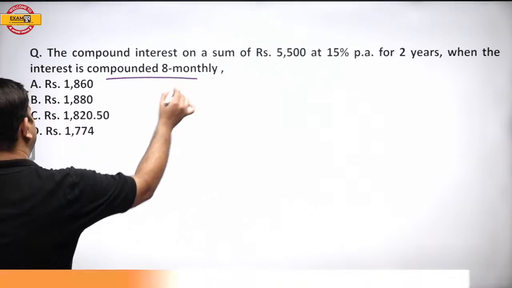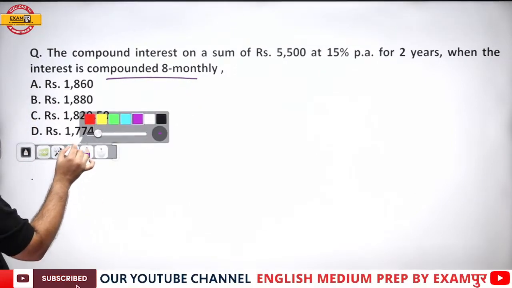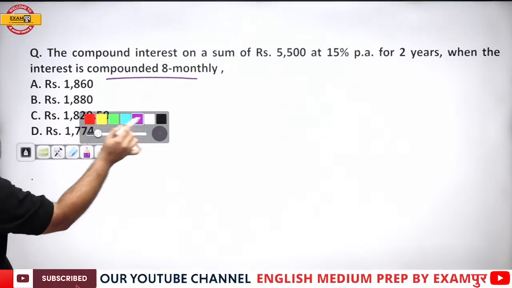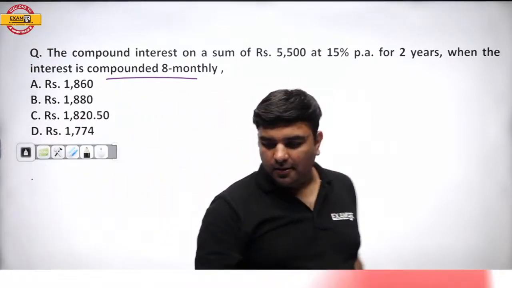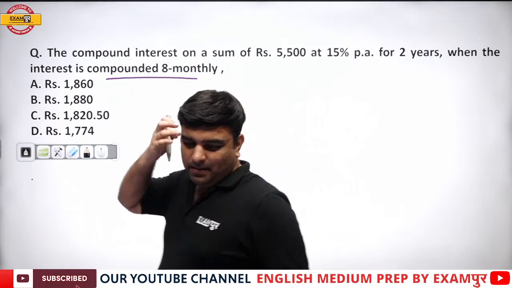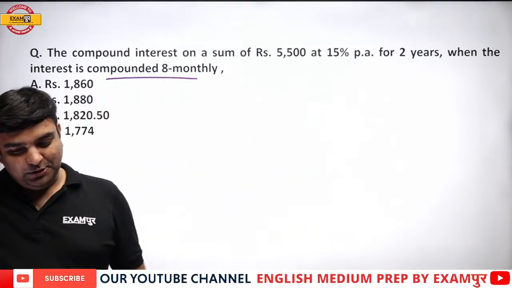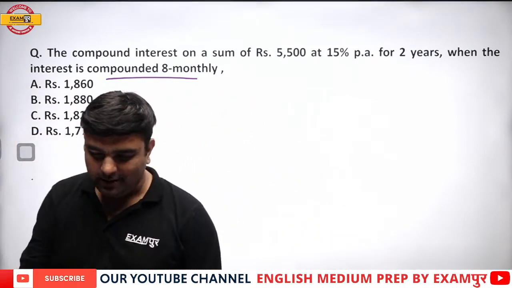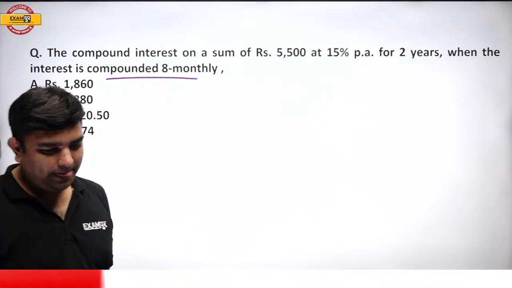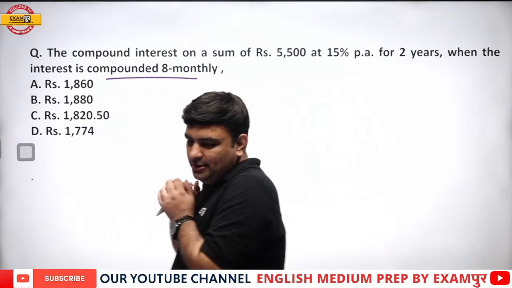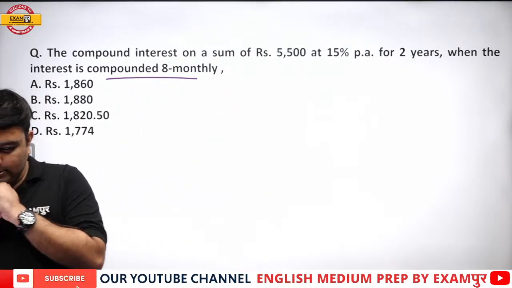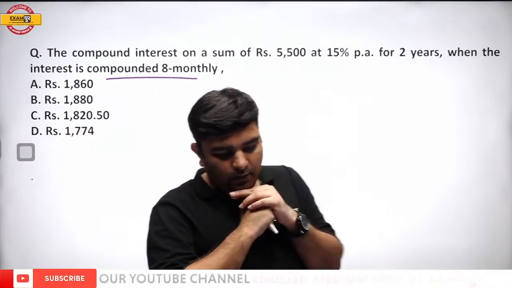Compounding is done 8 monthly. Arey Ram yaar, haan. But Ram, I need to see once more in pen paper mode. If I pick it up on the smart board again, I need to do it once in pen and paper, yeah? So just give me one more day.